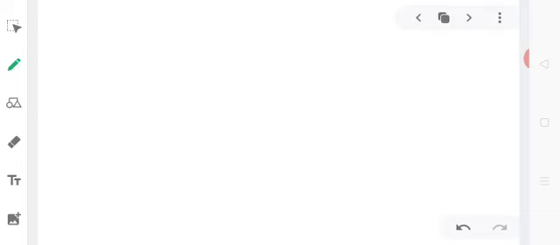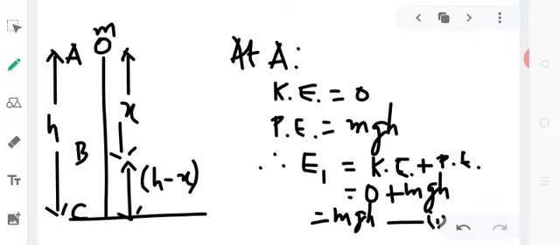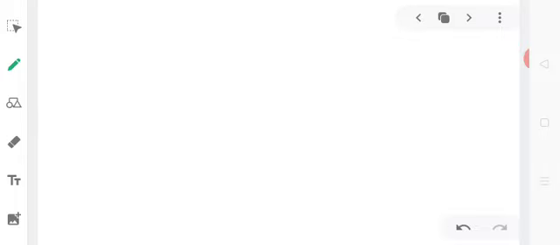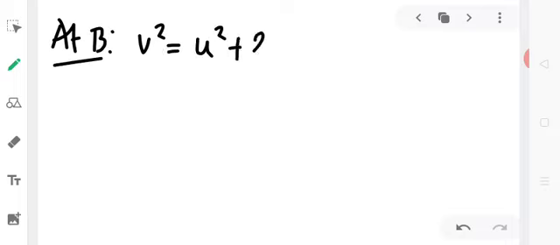Now let the body be allowed to fall freely under gravity. During free fall, let the body cross any point B with a velocity v1, where AB is equal to x. So now we know that v square is equal to u square plus 2as.